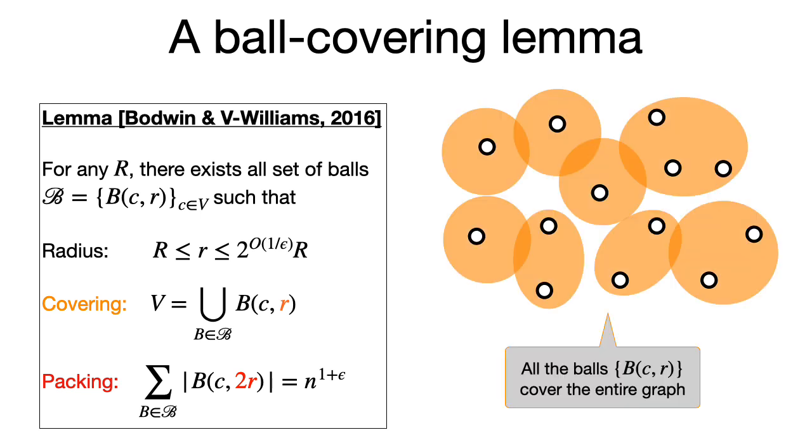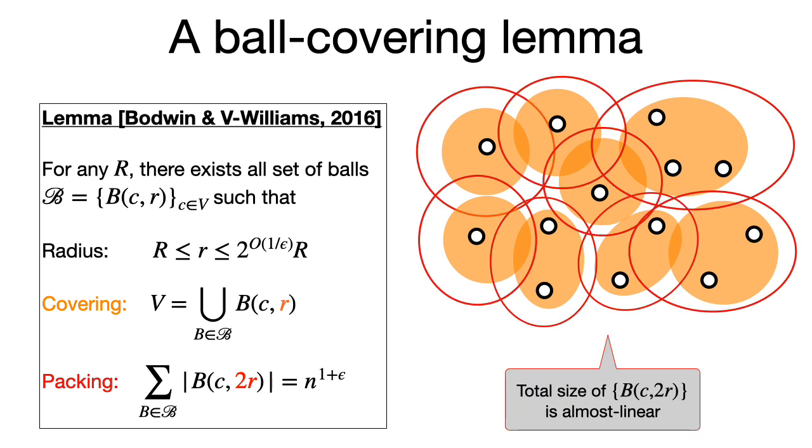Secondly, the union of all balls covers the entire graph. Thirdly, even if we double the radius of each ball, the total size of these balls is still almost linear. For the rest, the yellow area will be called the core, and the red area will be called the shell.